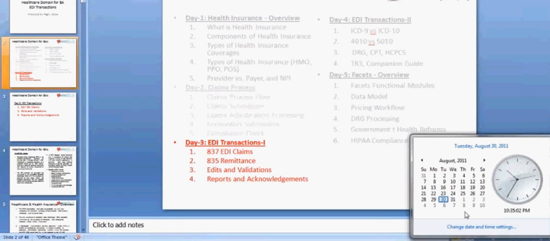Yeah, same time, if it's not a problem with others, so we can do it at the same time on Sunday. Anyone else has any objection to it? So we have not heard any objections, so let's make a decision to move our Saturday class to Sunday at 3 p.m. Central Time.